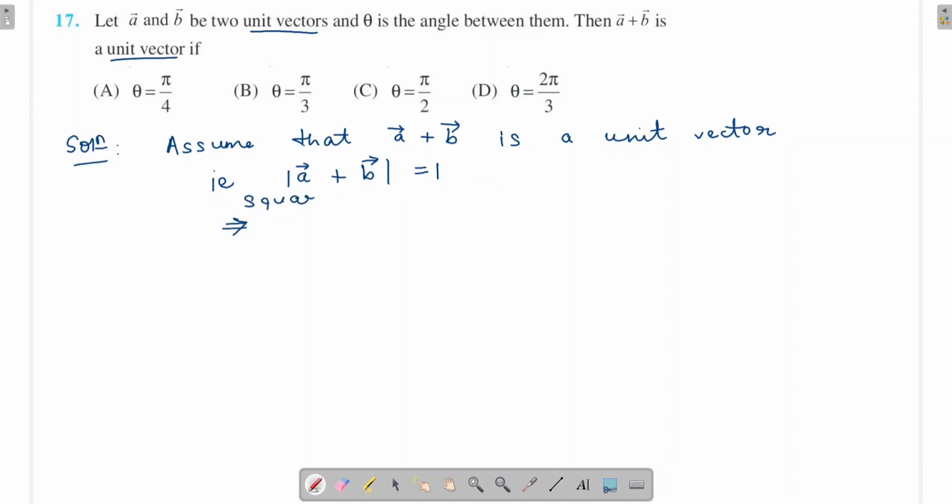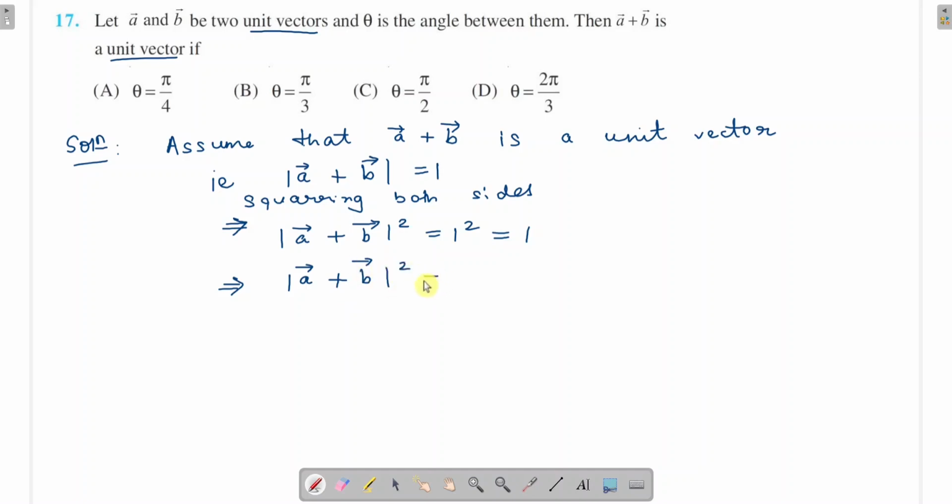So squaring both sides, we get magnitude of a bar plus b bar, the whole square, is equal to 1 square, which is equal to 1. So magnitude of a bar plus b bar, the whole square, is equal to 1.